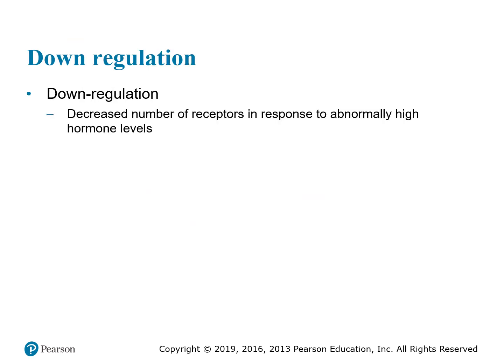Now, another way for your body to suppress a certain hormone secretion, if that hormone is abnormally high and you're producing it for an extended time. First of all, you might be wondering, what causes your body to produce a certain hormone in abnormally high levels? Let's say someone has a tumor within that gland, and so you are producing a very high amount of that hormone.